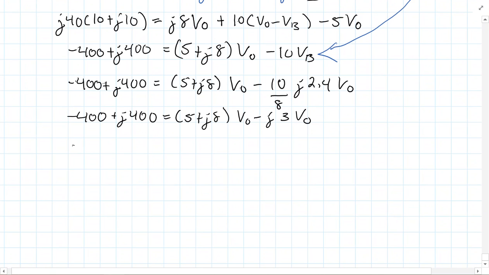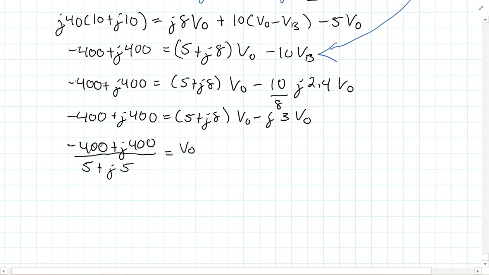So obviously combining like terms and then dividing both sides, we get negative 400 plus j400 divided by 5 plus j5 is equal to V out.